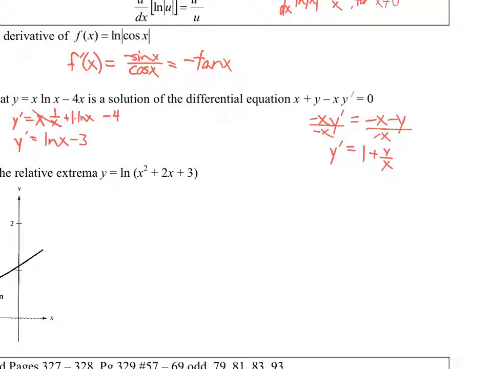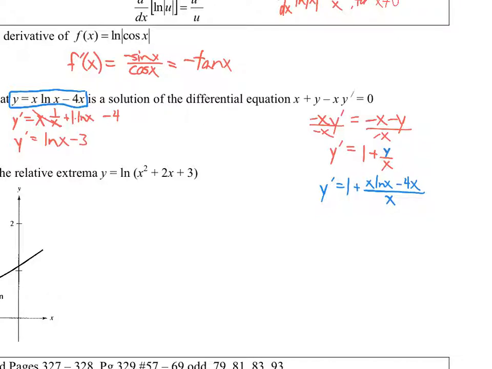Well, if I go back over here, remember y equals x ln of x minus 4x. Well, I can substitute that in for y here. And watch what happens. Y prime is 1 plus x ln of x minus 4x over x.